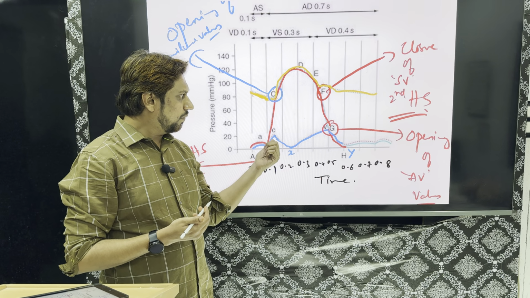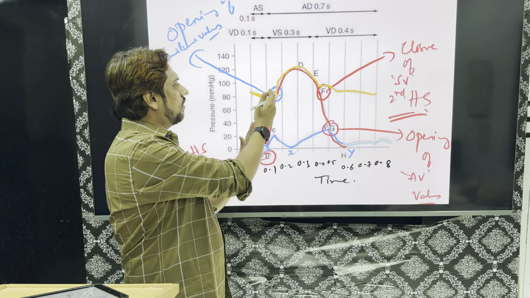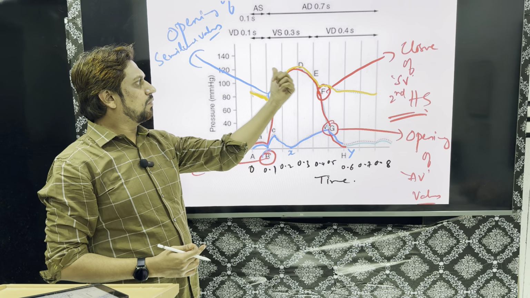Now, at the end of this, there is opening of the semilunar valves, and when the semilunar valves open, the blood is ejected from the ventricles to the aorta, and the same pressure continues in the aorta. This yellow color is aorta, red color is ventricles. So this D is the maximum point, up to 120 millimeter.